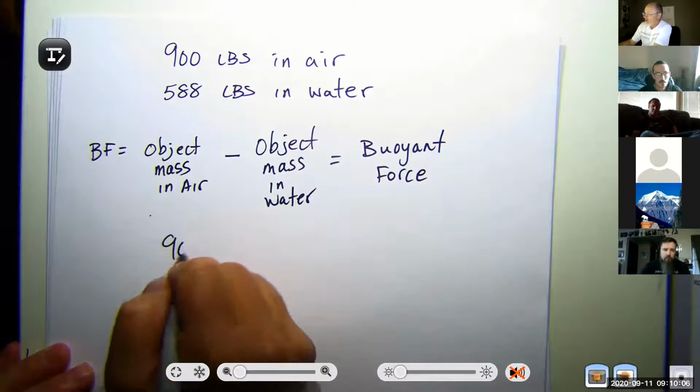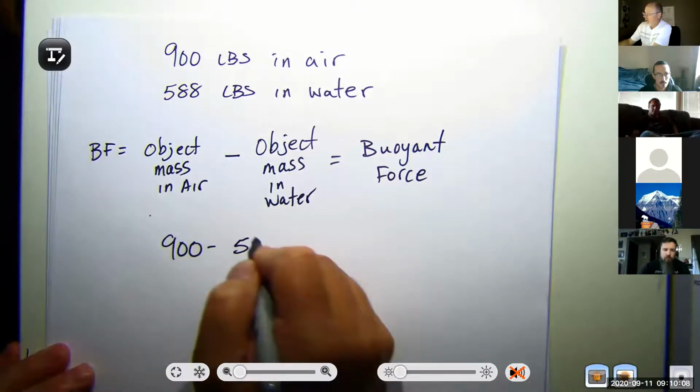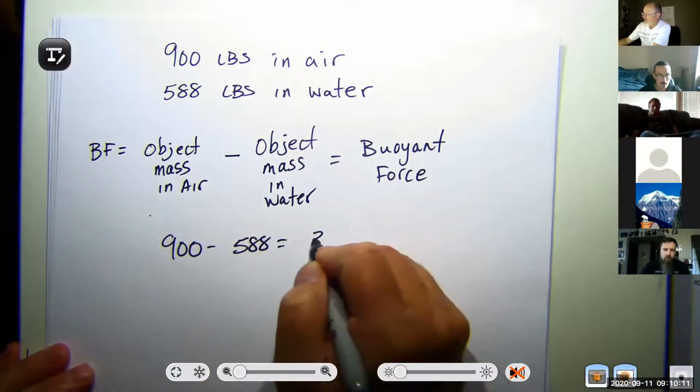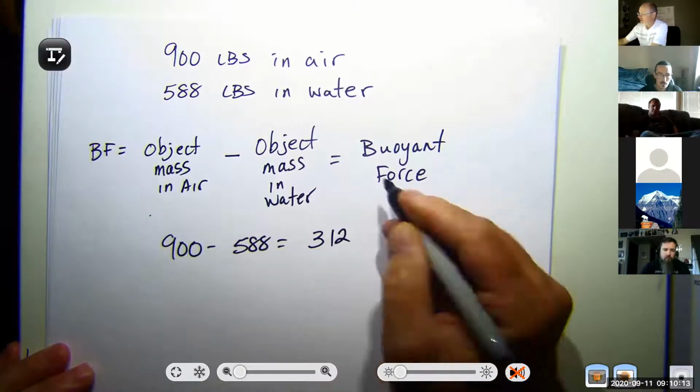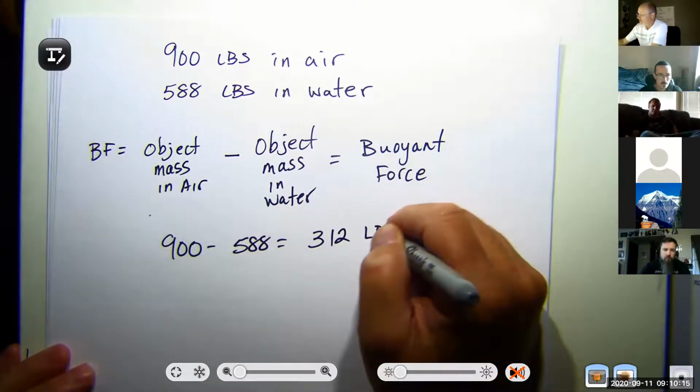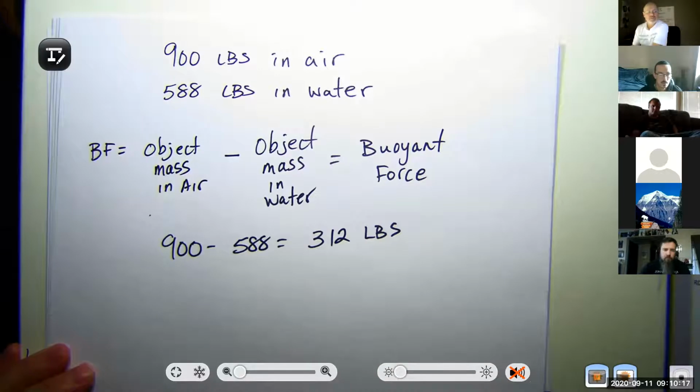So 900 minus 588, the buoyant force for this object is 312 pounds. So that's another way of calculating buoyant force.